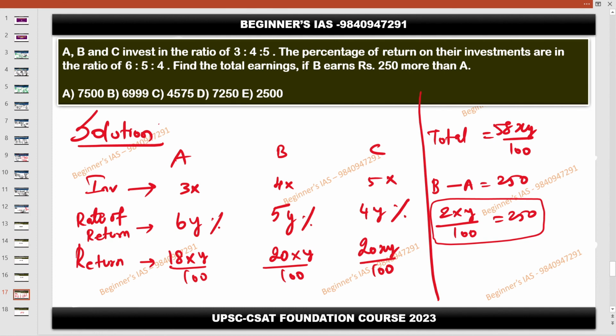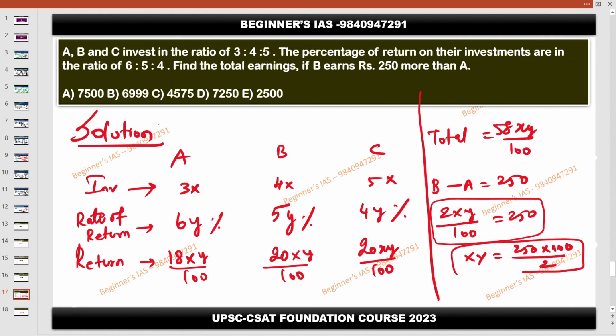Understood. So what do we have to multiply here? Multiply here 27. Or else calculate xy. Simple. 250 into 100 by 2.